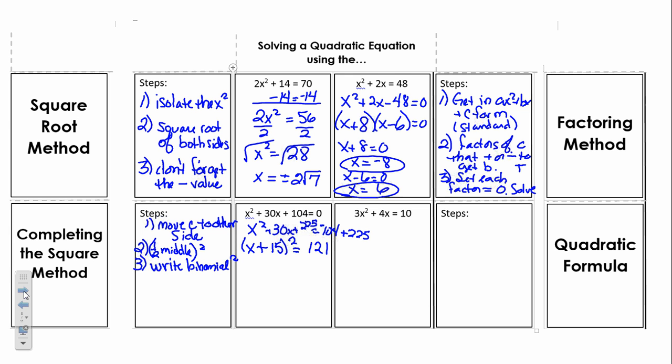What's your next step? Square root of both sides. And when we take the square root of 121, what do we get? Careful. Plus or minus 11. Don't want to lose one of those answers. Okay?